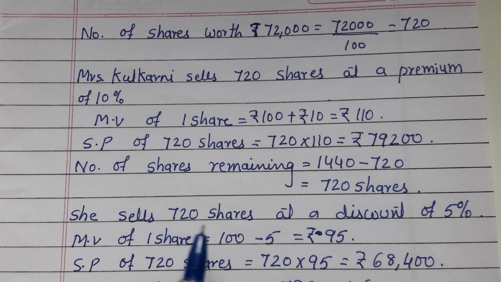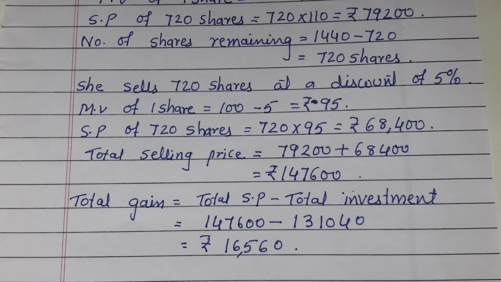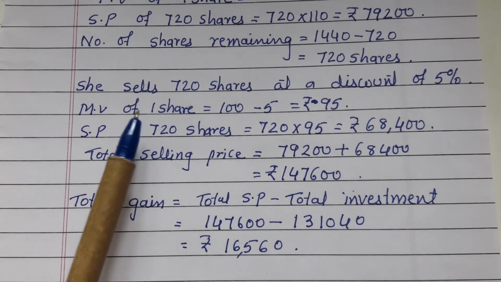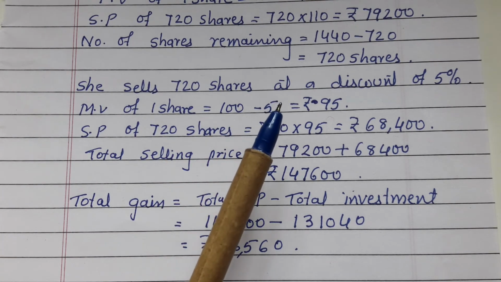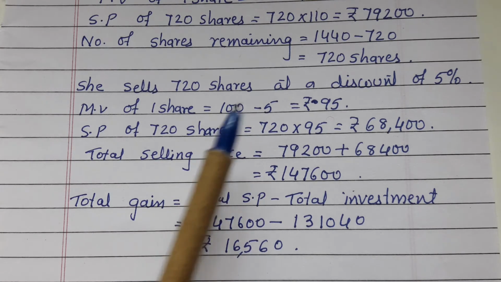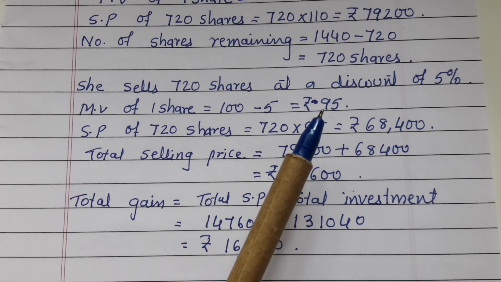She sells 720 shares at a discount of 5%. Therefore, market value of one share will be 100 minus 5% of NV. That is rupees 5. 100 minus 5, 95.